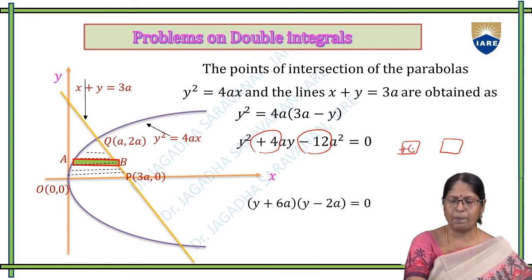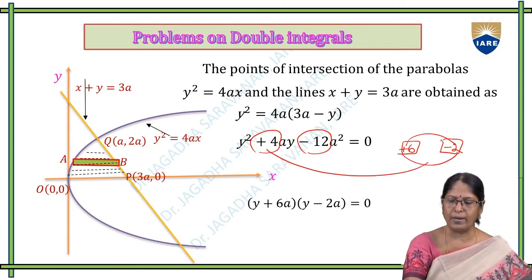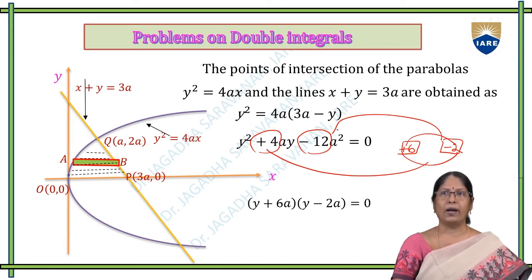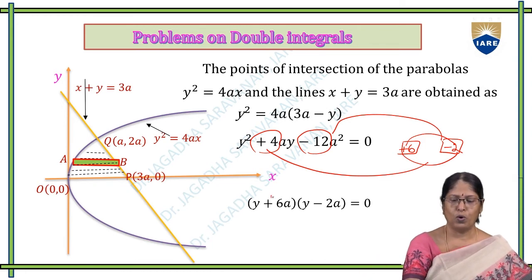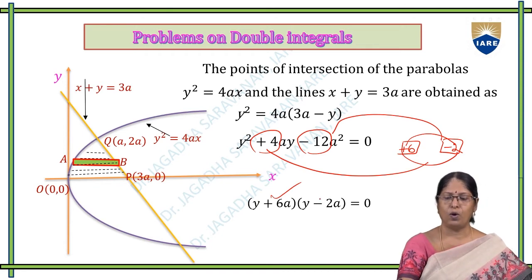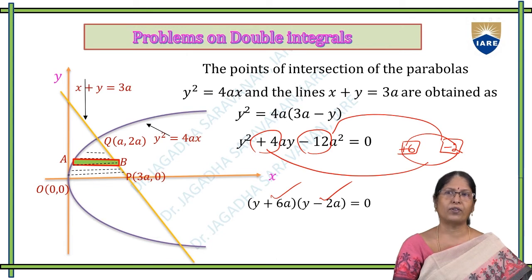The numbers are plus 6 and minus 2. Adding, we get plus 4, multiplying, we get minus 12. We selected the correct numbers. So (y plus 6a)(y minus 2a). This is the factorization method which we studied in lower classes.